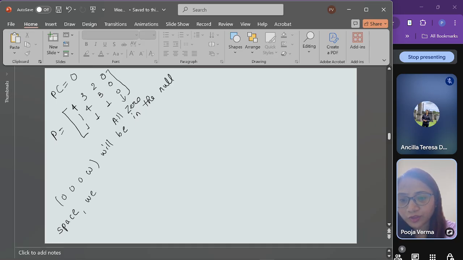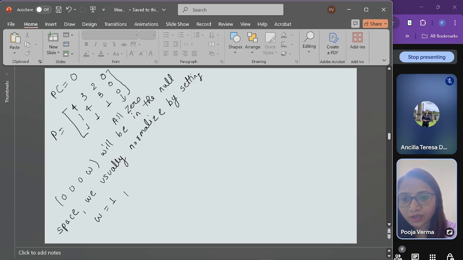So what we usually do is normalize this by setting W equal to 1.